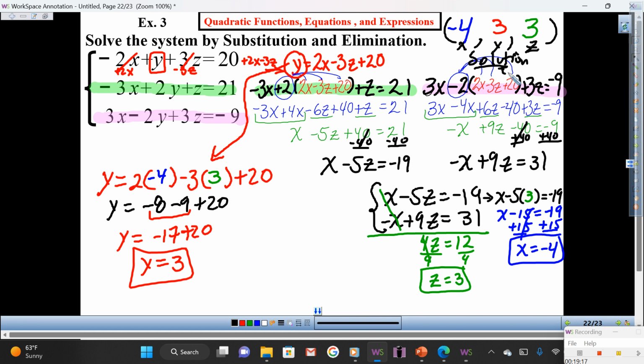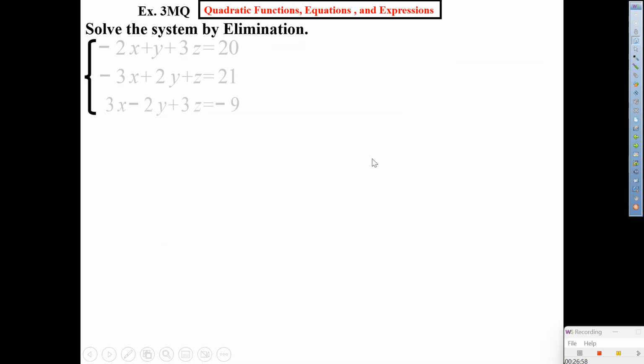So with that said, copy example 3, which is the same system, but now we're only going to solve it using elimination method. Only elimination.